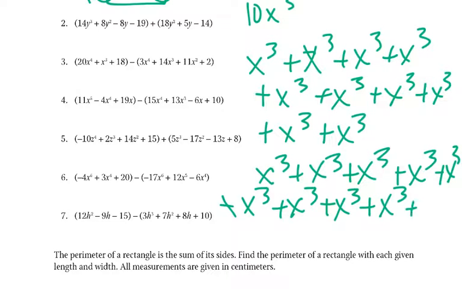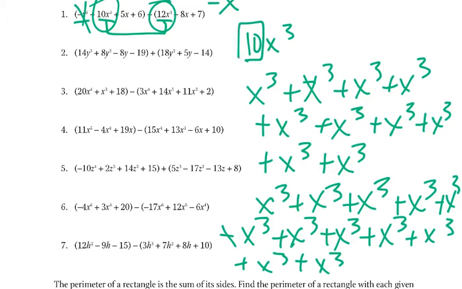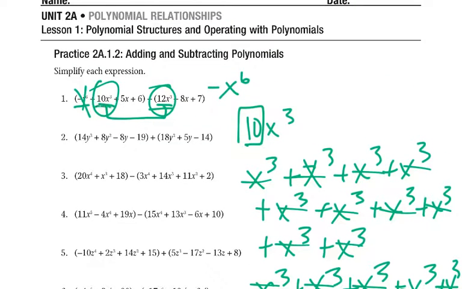How many is that? 2 more. So when I combine them, because that coefficient 10, it's like we're saying there's 10 groups of x cubed being added together. 12x cubed, we've got 12 of those x cubes being added together. So we're adding them all together, so how many do we have? 1, 2, 3, 4, 5, 6, 7, 8, 9, 10, 11, 12, 13, 14, 15, 16, 17, 18, 19, 20, 21, 22. In other words, 10 plus 12. So we get 22x cubed.